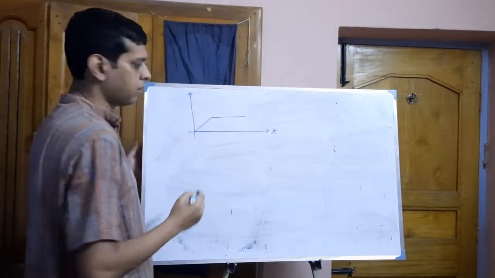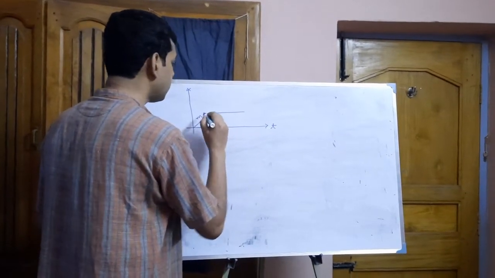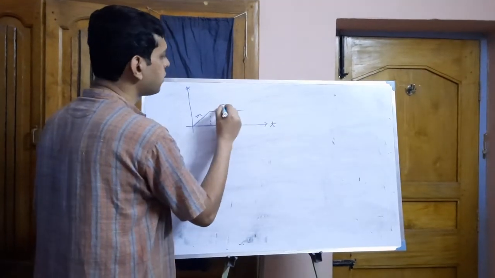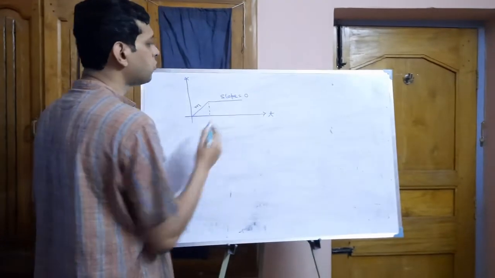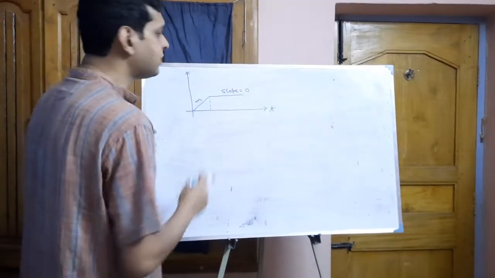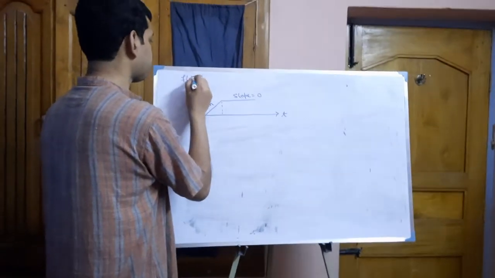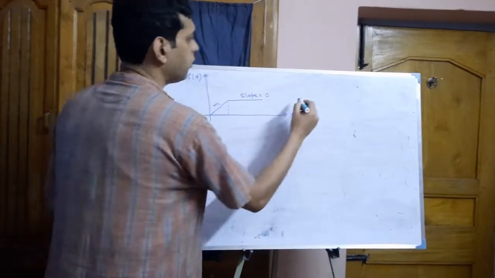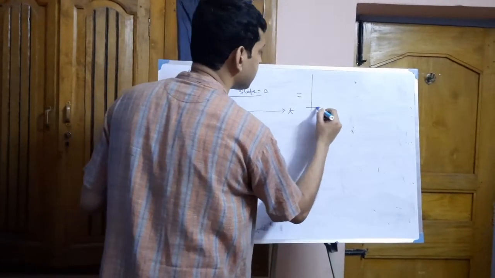Here the slope equal to say m, and here what is the slope? The slope here is equal to 0. This is parallel to the t-axis. So slope equal to 0. So this can be expressed as the sum total of two functions.